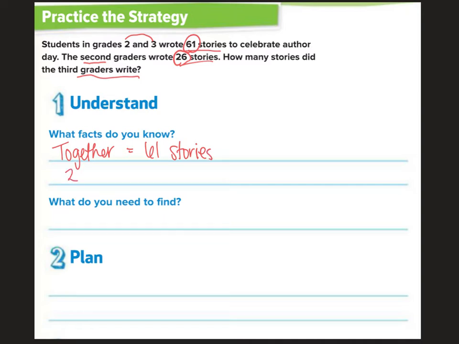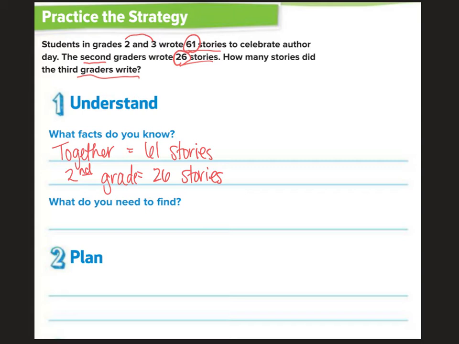Second grade equals 26 stories. Okay, so what do we need to find? Now notice, I don't see the word about. Do you see it? It's not there, which means we need to find an exact answer, doesn't it?